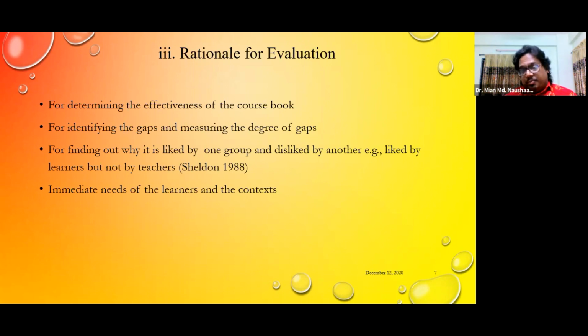Sometimes a book is very good, but it is very cheap and the materials are not standard. For example, in most cases, government books are often good in quality, but the paper quality is not good at all, and people do not feel like buying those books because it doesn't attract the children. So that is also possible.